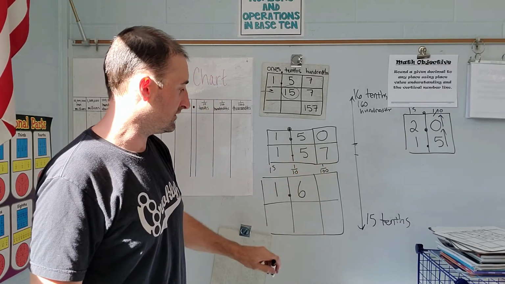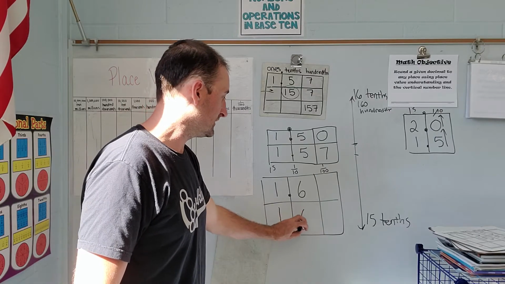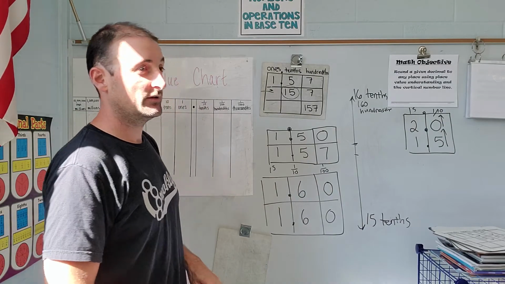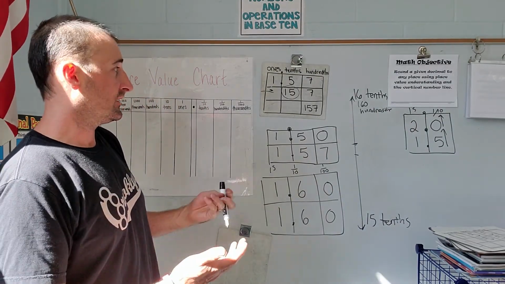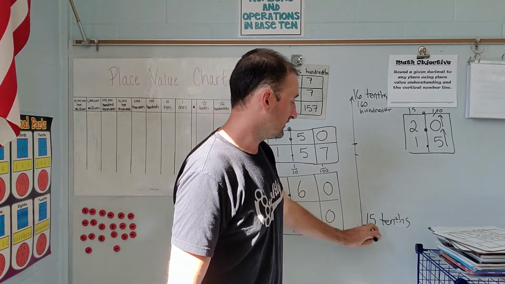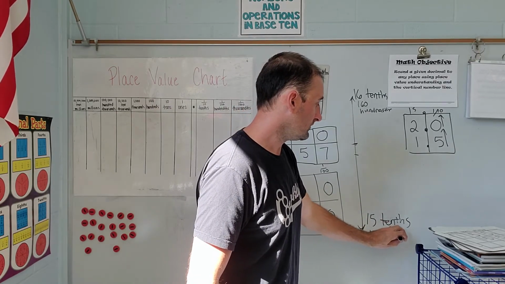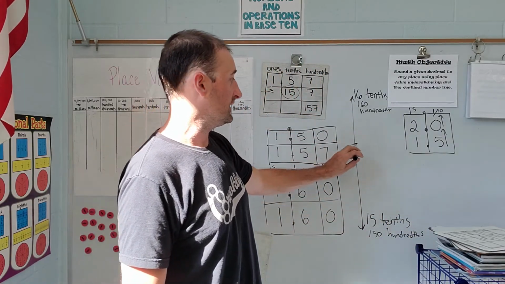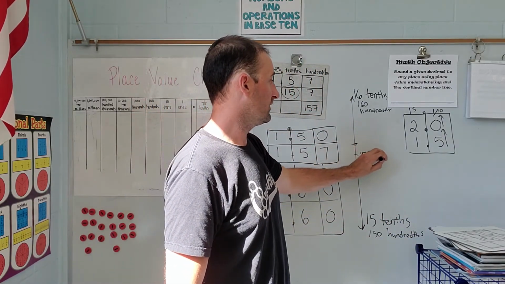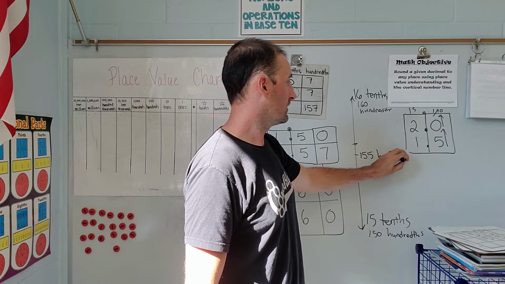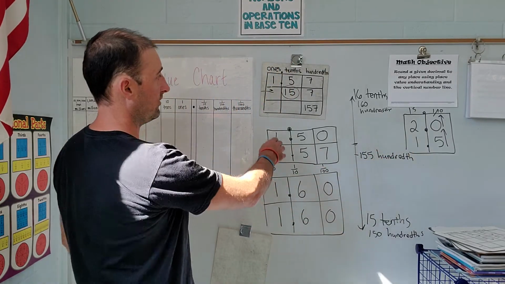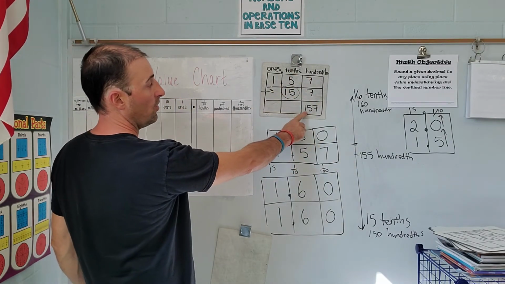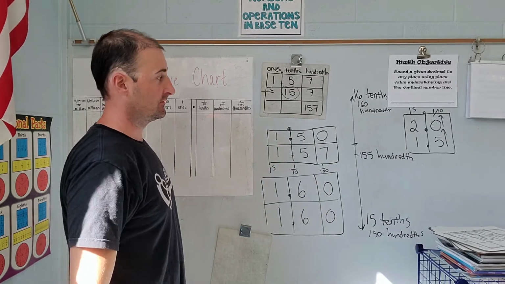Here's 16 tenths, and here's 160 hundredths. And they're the same. Remember, I told you we can use zeros to fill in so that we can call them by the same name. So we can say this is 160 hundredths, and this is 150 hundredths. Much easier to find the midpoint between 150 and 160. It's 155 hundredths. So we have 155 hundredths as our midpoint, and our number has 157 hundredths.